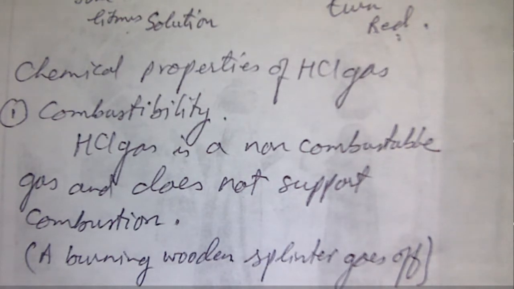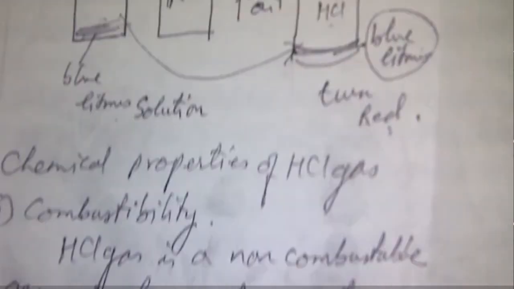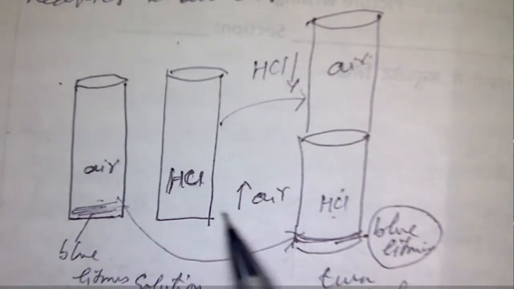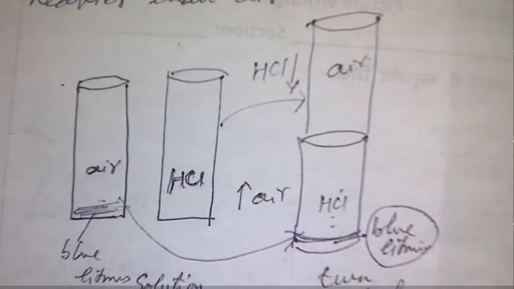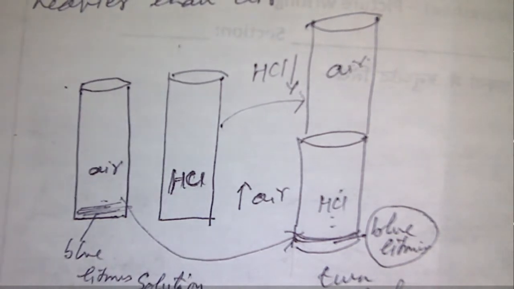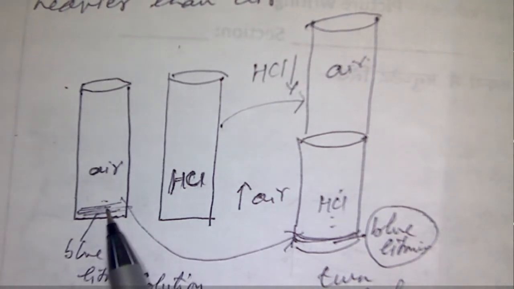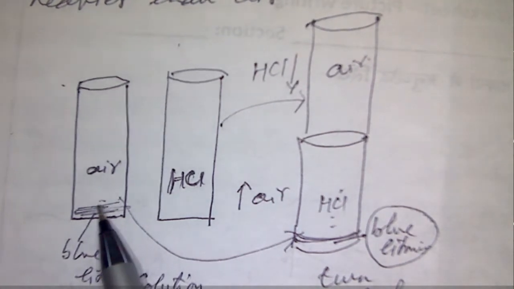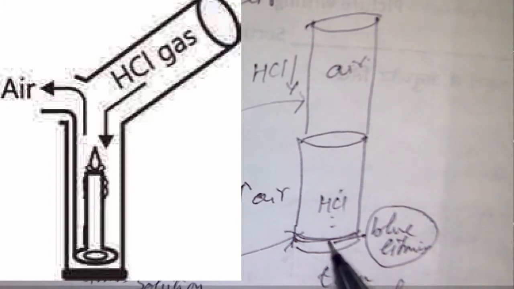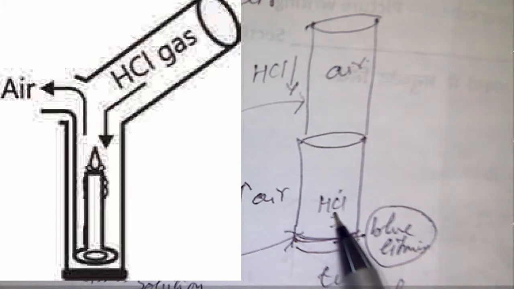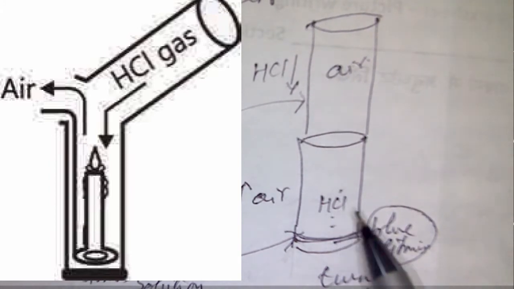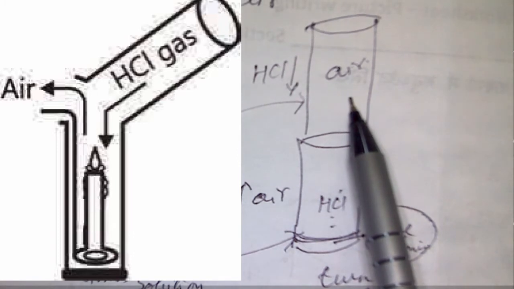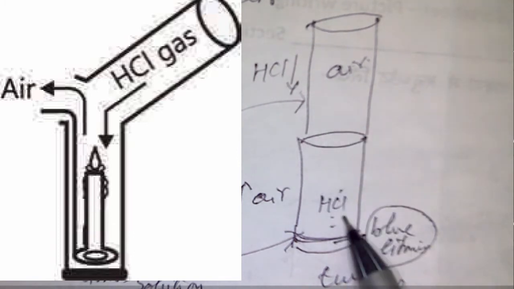Now look here. In this experiment, I could have used the property of combustibility. Instead of taking blue litmus solution, I could have taken a burning candle. After some time, what will happen? When I put this HCl container on top, slowly HCl gas will come.